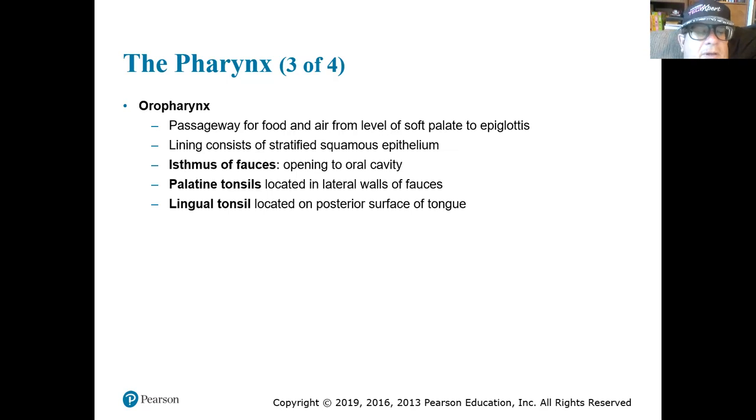Great. All right, the oropharynx. This is for food and air. This is from the soft palate to the epiglottis. It's lined in stratified squamous epithelium. Why stratified squamous? Stratified squamous is the most abrasion-resistant form of tissue we have. If you have food or liquid rubbing against your tissue, you want it to be a stratified squamous tissue.